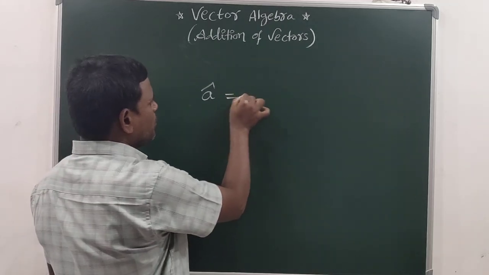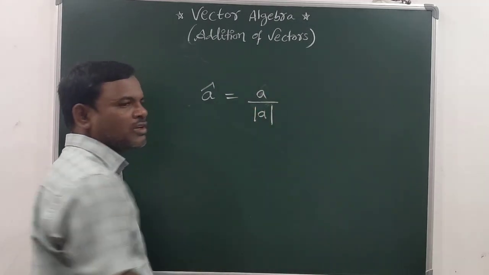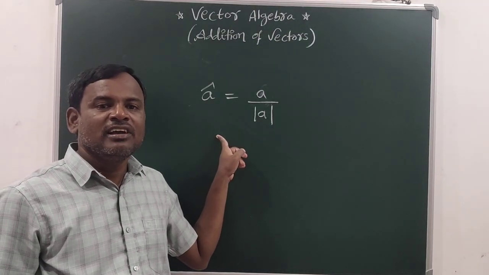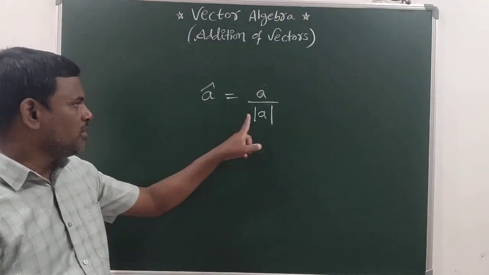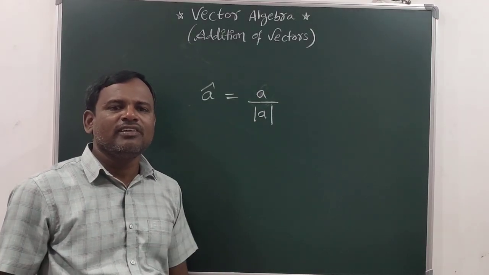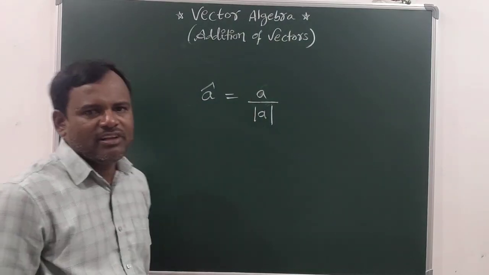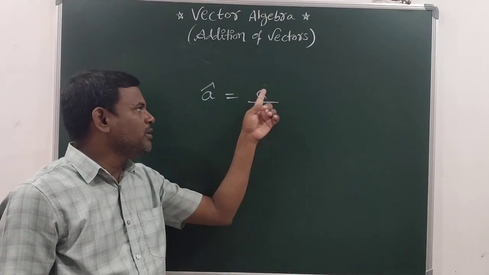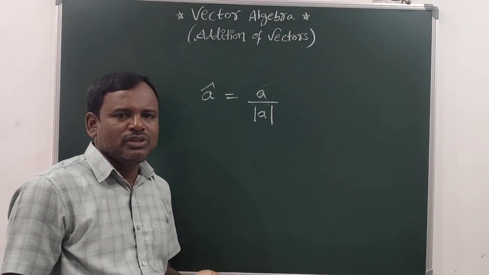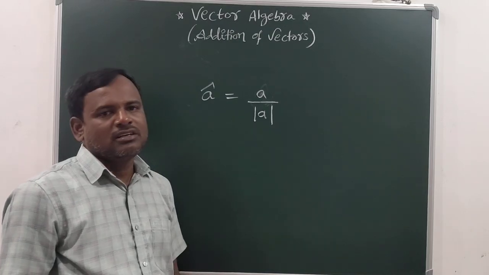A cap is equal to vector A by mod A. So, this is a unit vector in the direction of vector A. It is a unit vector which is in the direction of A. A by mod A: A is the given vector, and if you divide A by its magnitude, then you will get its unit vector, which is along vector A.